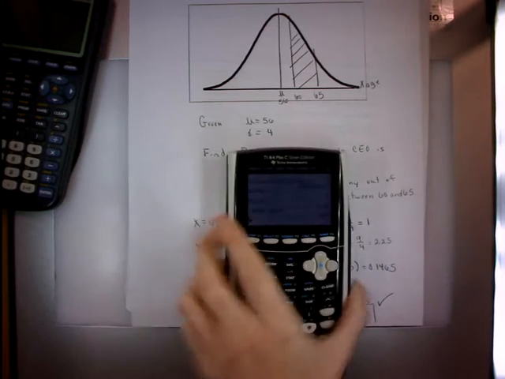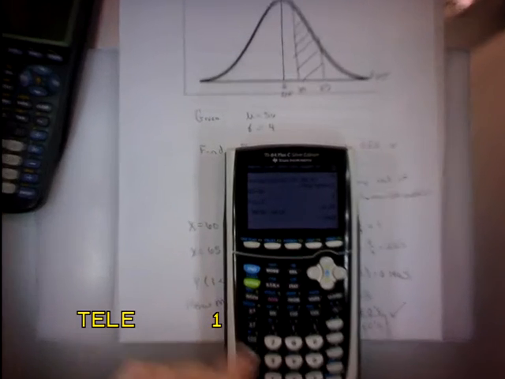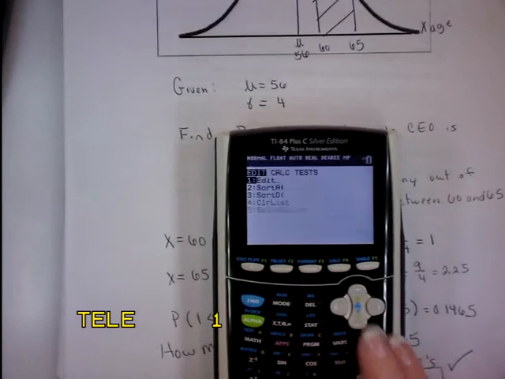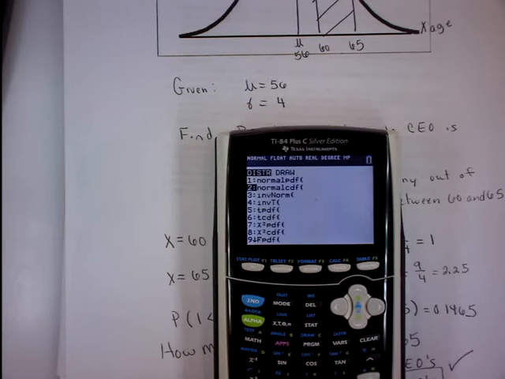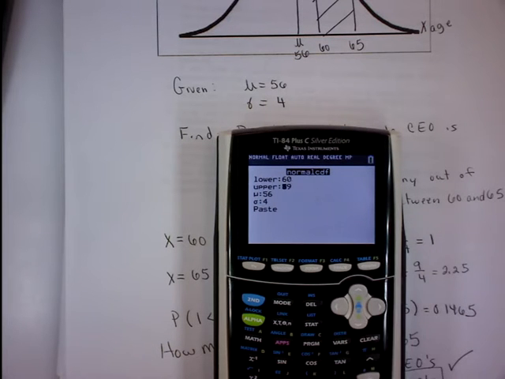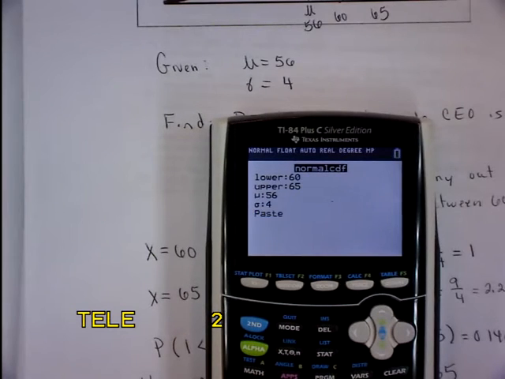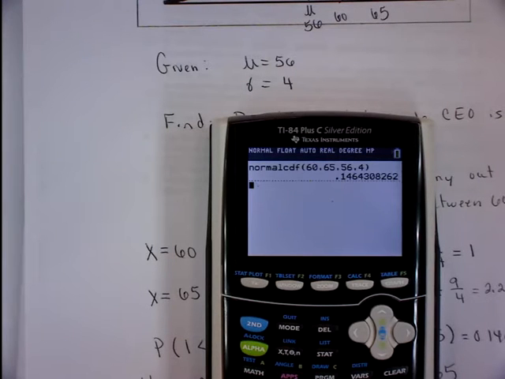And speaking of calculator, this previous problem with the CEOs, you would go to second variable, 60, 65, 56, 4, and paste. This is the probability that a single CEO selected at random is between 60 and 65.